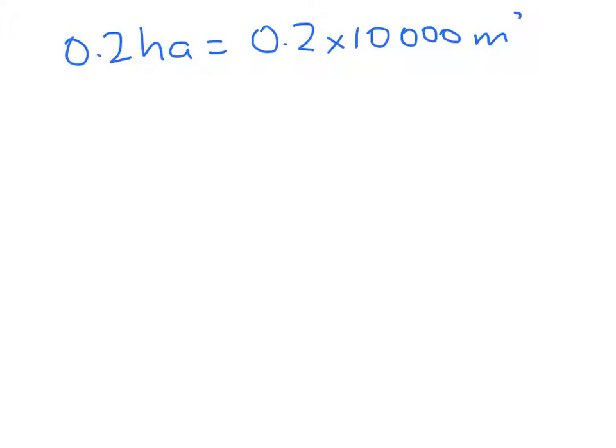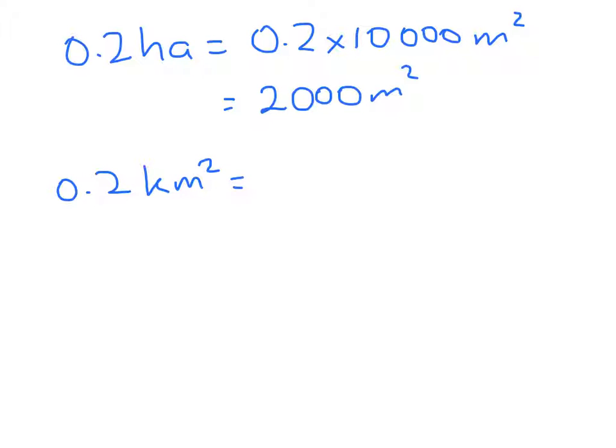Just finishing this one off, I've got 0.2 hectares and I want to convert it to metres squared. So it's 0.2 times 10,000 to get to metres squared, which is equal to 2,000 metres squared. Next one, 0.2 kilometres squared. How many metres squared is that? First we go to hectares, which is times by 100. That's 20 hectares.